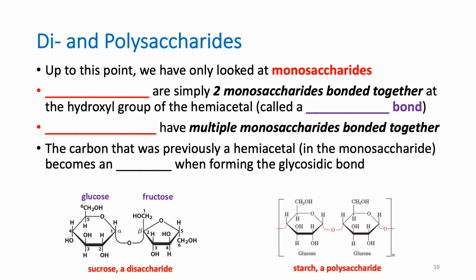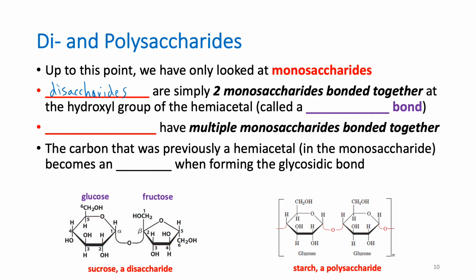Okay, di- and polysaccharides are distinctions that we use whenever you don't have monosaccharides, but you have more than one carbohydrate put together. So disaccharides are simply 2 monosaccharides bonded together at the hydroxyl group of the hemiacetal.